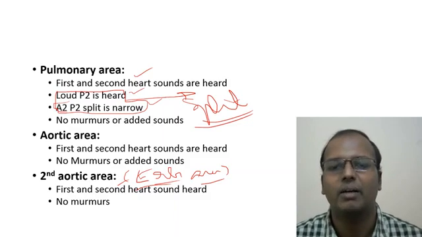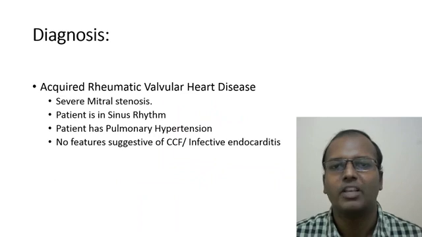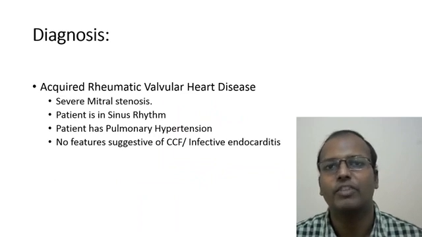So finally we will come to a diagnosis. If you are examining as a long case, you have to check for the other systems as well. For example, RS: bilateral vesicular breath sounds, no added sounds. Abdomen soft, there is no organomegaly. Why organomegaly? Because hepatomegaly can be there in a patient with right heart failure. Then CNS, you can tell no focal neurological deficit.